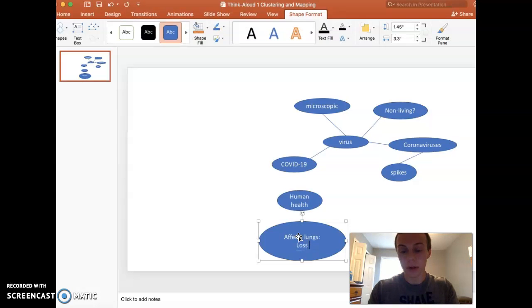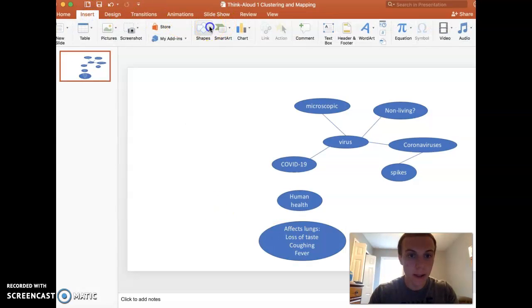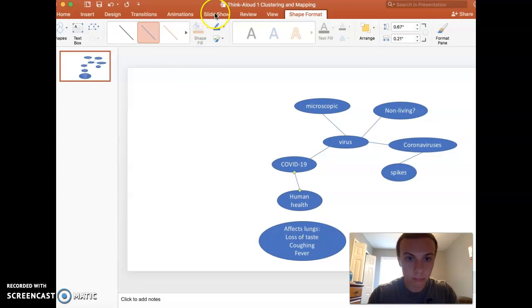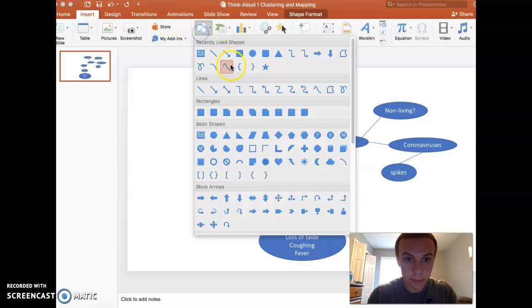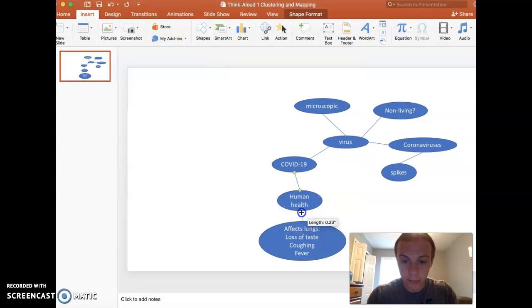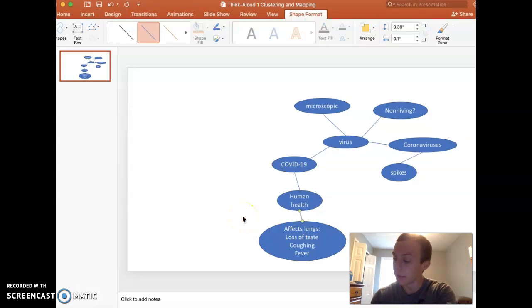Also, we know loss of taste is a problem, coughing, and fever. These are all things we know about coronavirus. So we'll make some connections here in our web. So coronavirus affects human health, and it particularly affects the lungs.